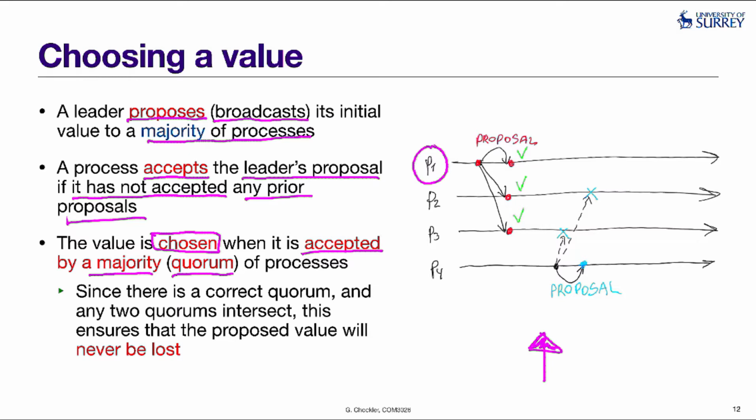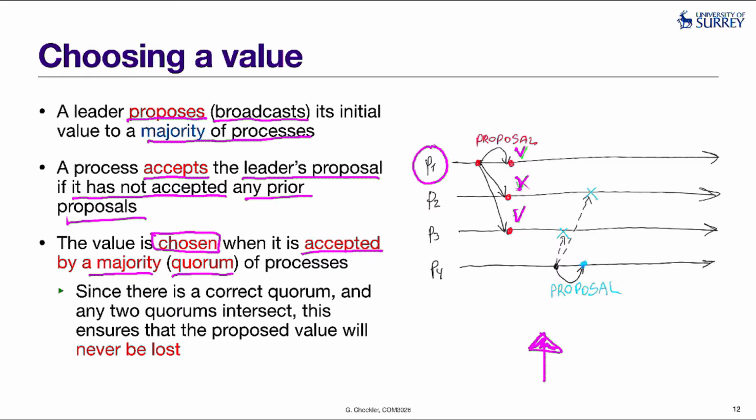So these three processes is a quorum, is a majority. And also this is the first value that any of these processes ever receive. So in this case, every such process will accept that value.